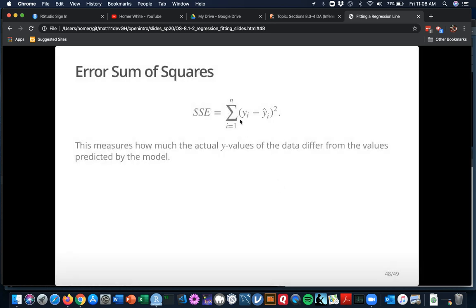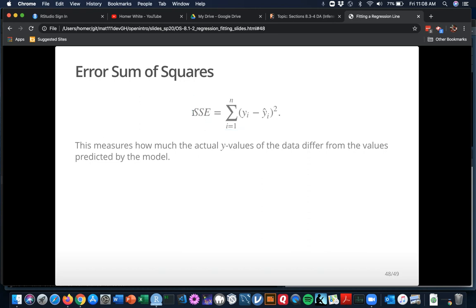Now, if you were to take each of the residuals and square them, then all of those numbers would become positive, because when you square numbers that are negative, they become positive. And if you were to add them up, all of them, then you get what's called the error sum of squares. Sometimes that's abbreviated SSE, error sum of squares.